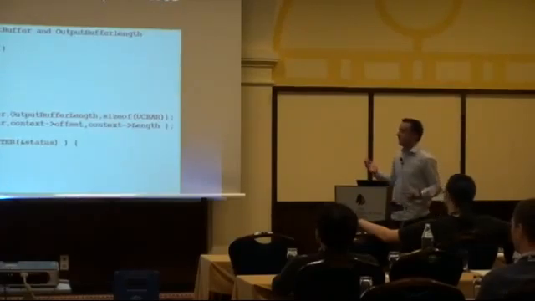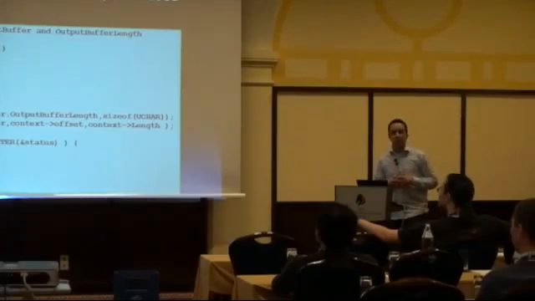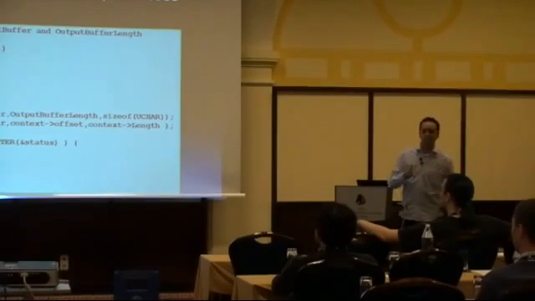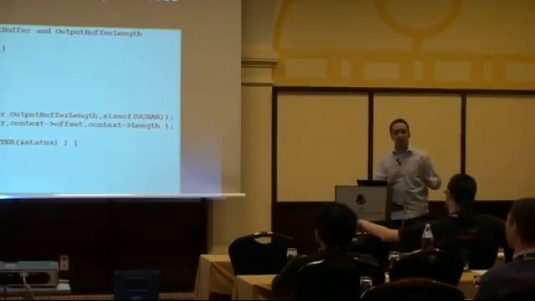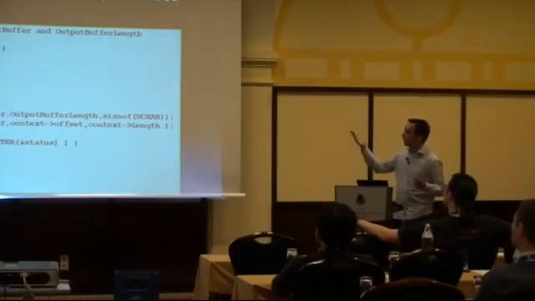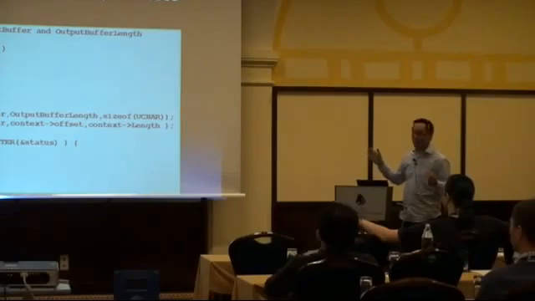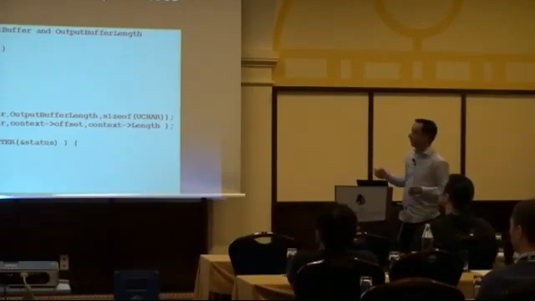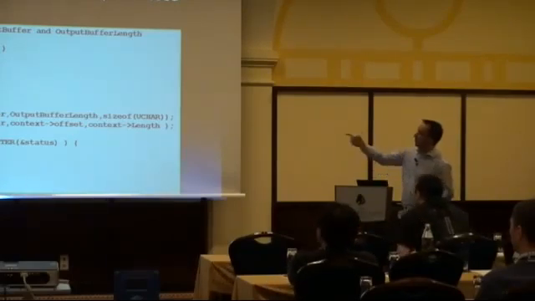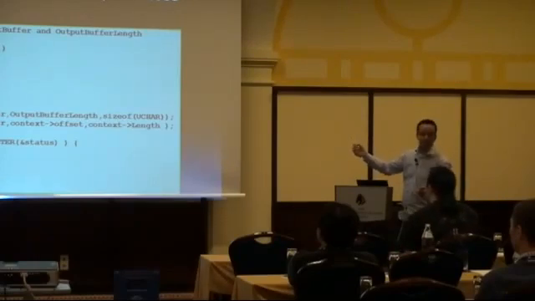Another way that I've seen is a vulnerability where we probe for one length and we later copy based on another length. So for example, for this one, let's consider OutputBuffer and OutputBufferLength are attacker controlled. Let's say that we put a kernel mode address in OutputBuffer, and we put 0 in OutputBufferLength.